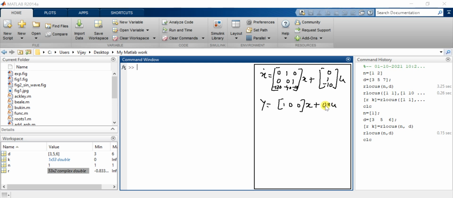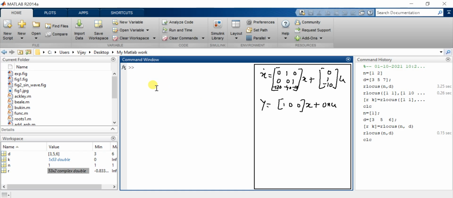This is the system description. So we can draw its root locus by simply generating all the matrices.